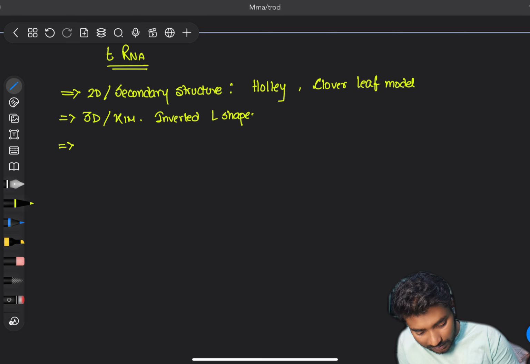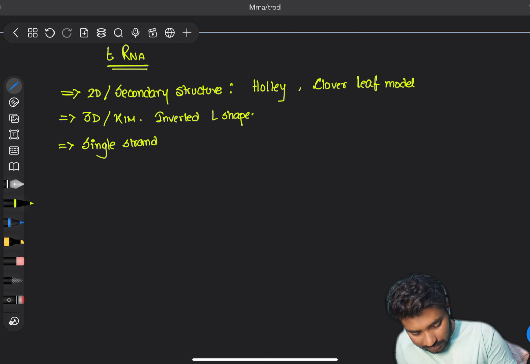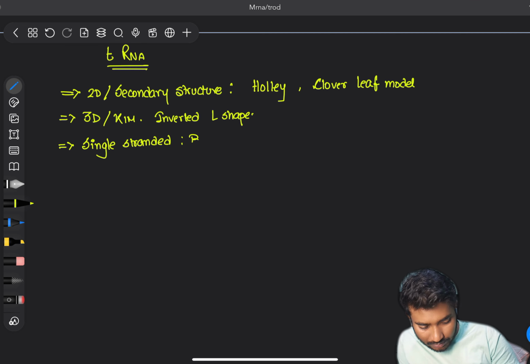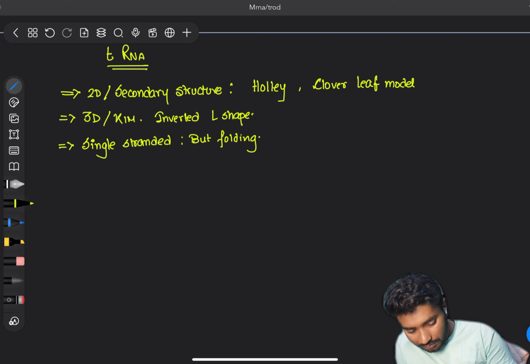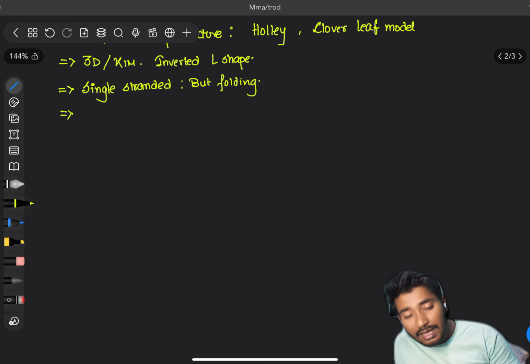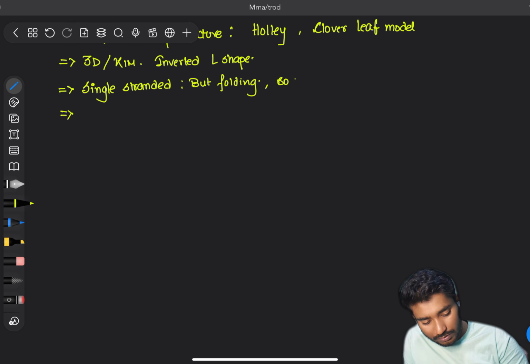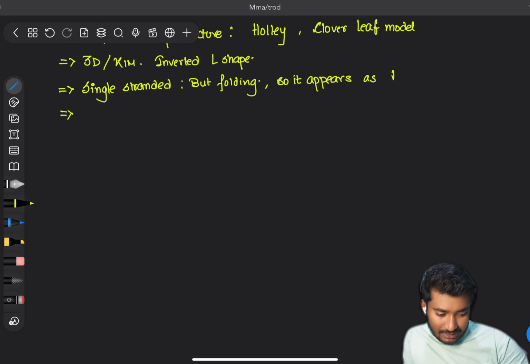The third one is that it is single stranded but folding. And the fourth one is, as it is single stranded but folded, it appears as a double strand.